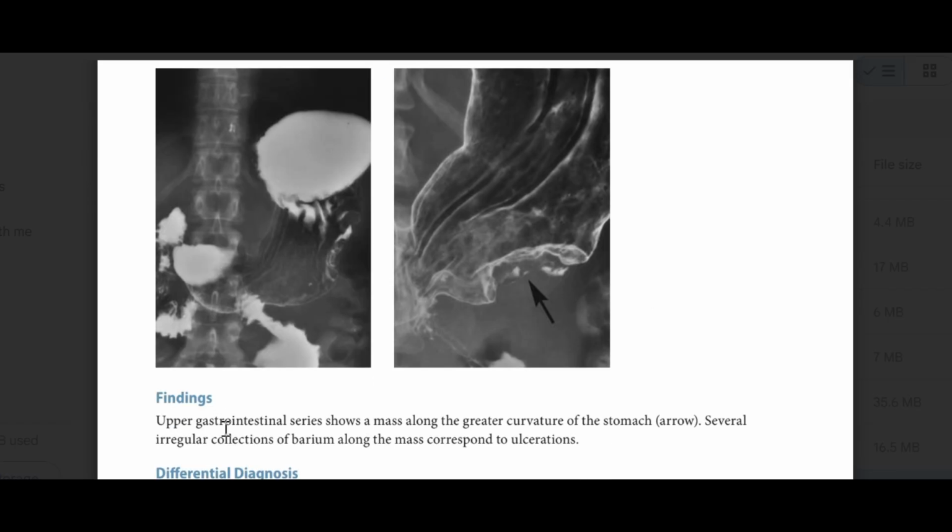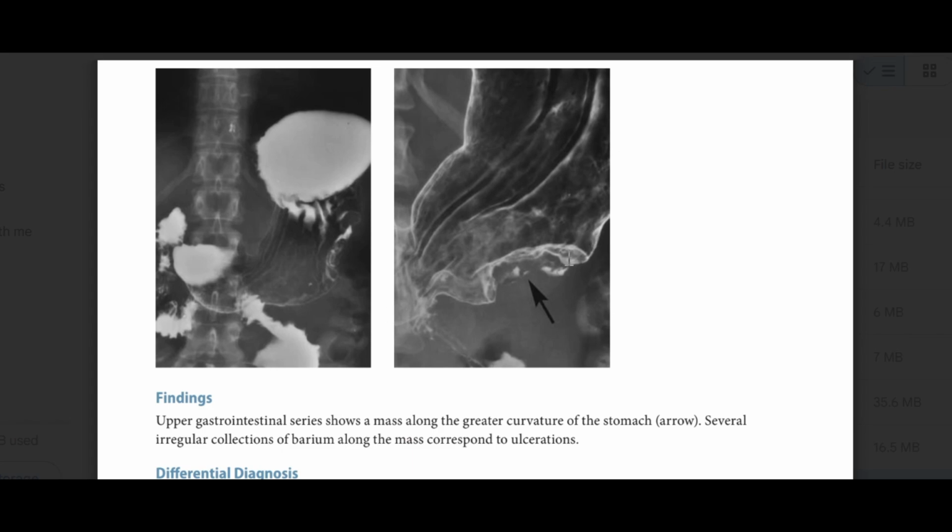So these are the upper gastrointestinal series. This is the lesser curvature of the stomach. This is the incisura angularis, lesser curvature, and this is the greater curvature of the stomach.